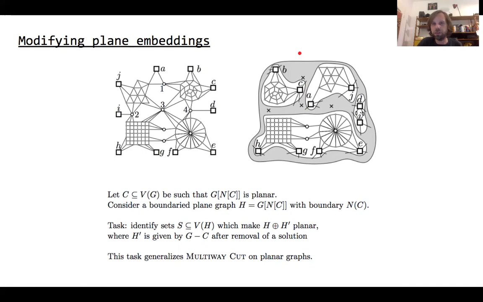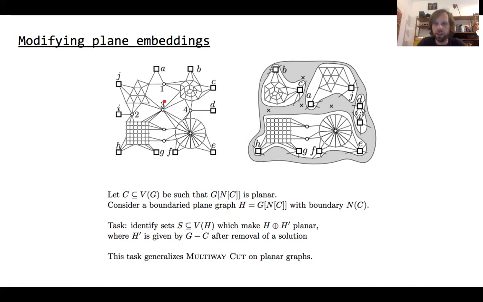And in this picture, this remaining graph that is being glued to H is depicted in gray, and we want to understand what kind of removals within H we need to do in order to accommodate both the white graph and the gray graph together on a plane.